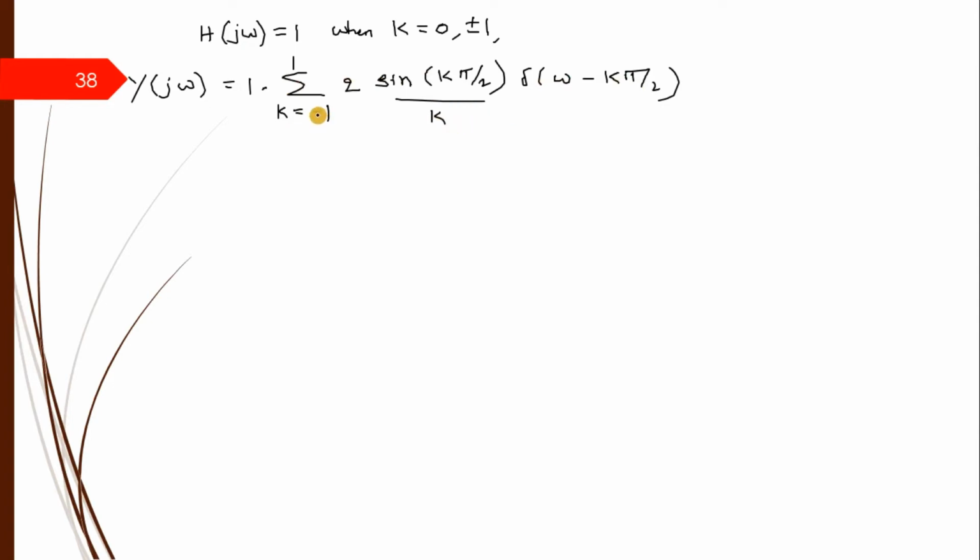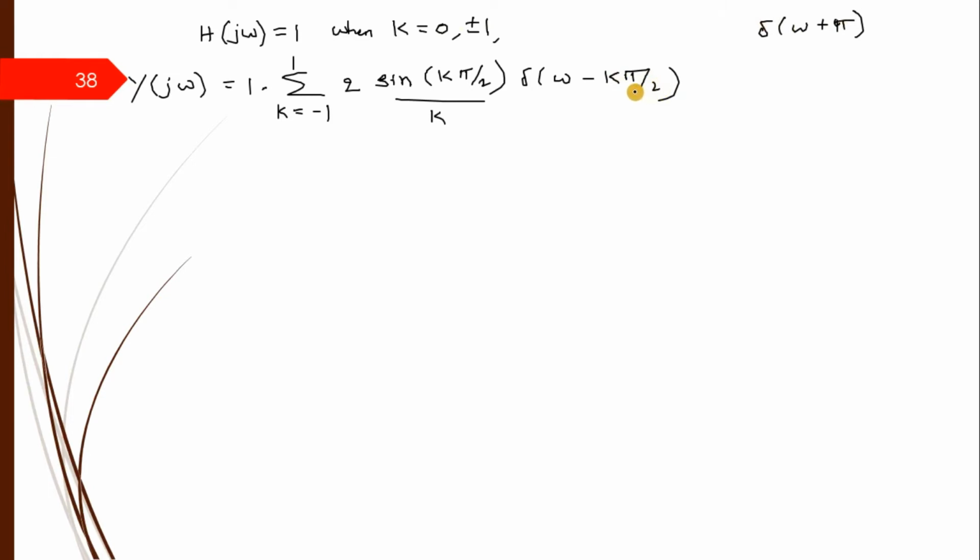So if I substitute k equal to minus 2, what happens? Minus 2 means here the 2 cancels, you will get pi, so you get delta of omega plus pi. This delta function will be non-zero only when omega is equal to minus pi. So you are exceeding the limit, and hence I'm not taking it. For example, take the k value as 3.